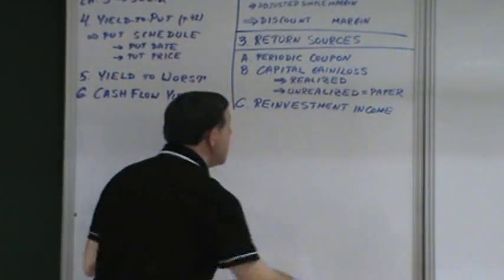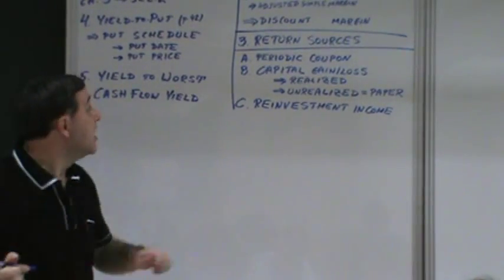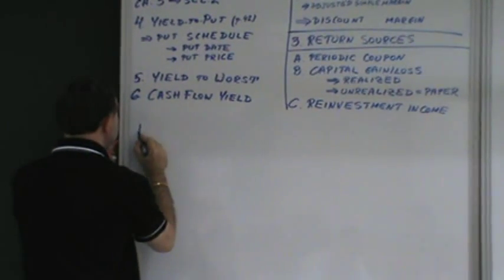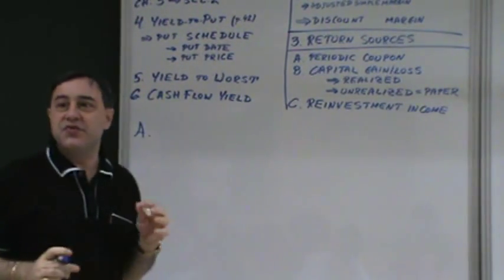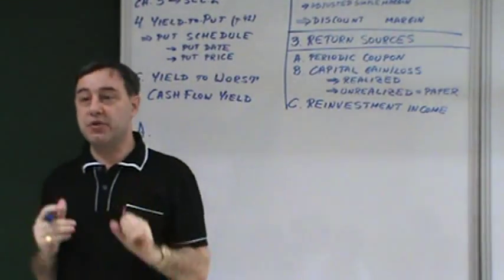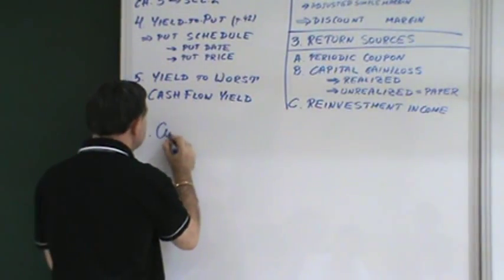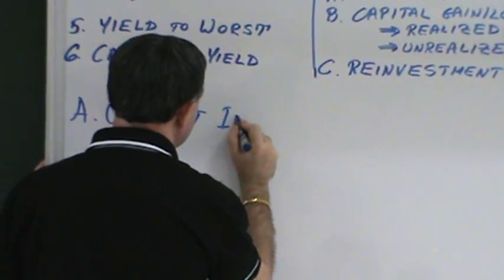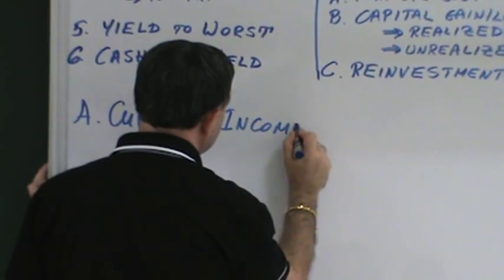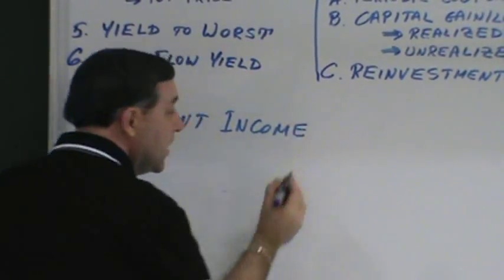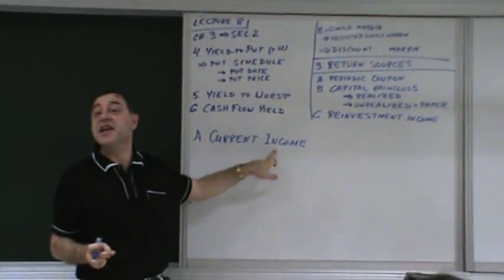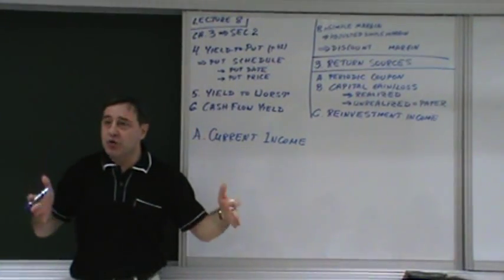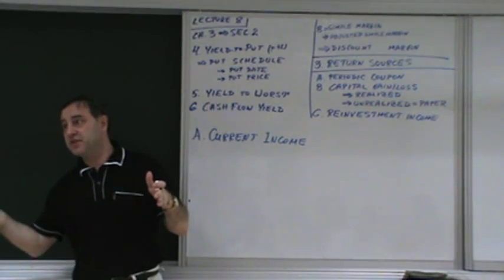And introduce some terminology. The periodic coupon, A, in finance is known as current income. Current income is income which you get from investment during the current period.